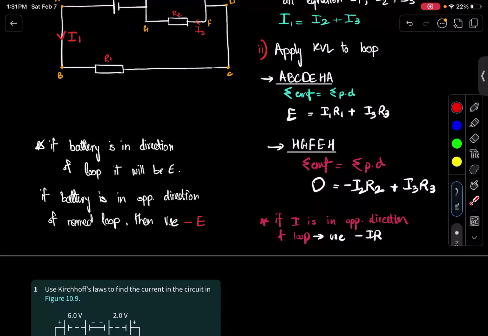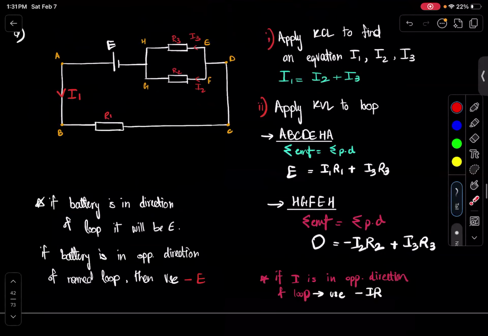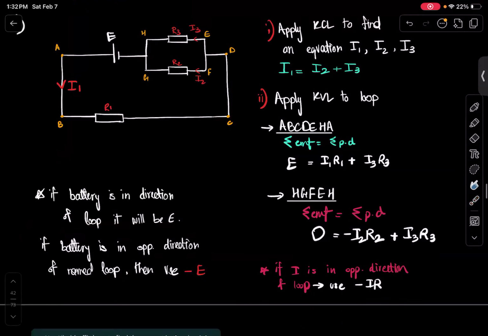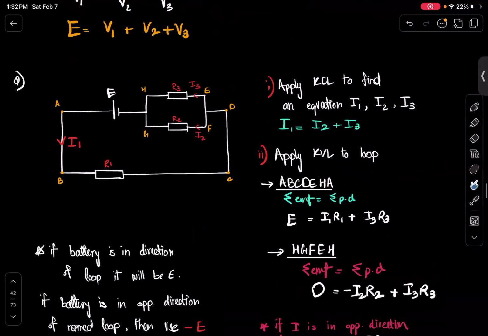Okay, so that's the rule. We'll do multiple examples to make it more clear. And another thing, if the battery is in the direction of the loop, then it will be E. But if, for example, the loop started the other way for the first part, then it would actually be negative E. It'll become clearer in a few examples.